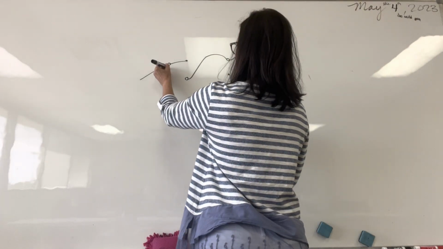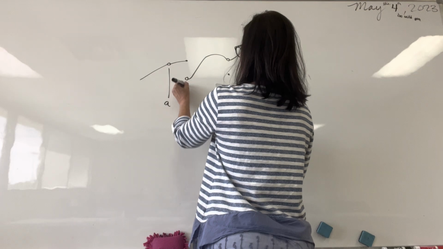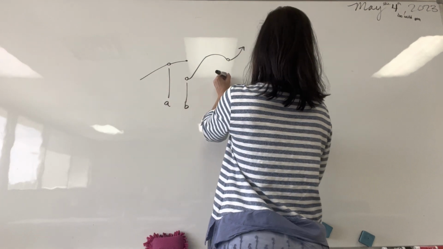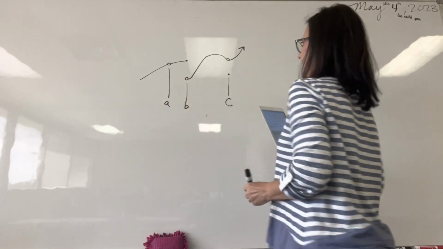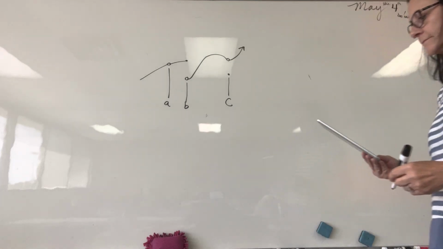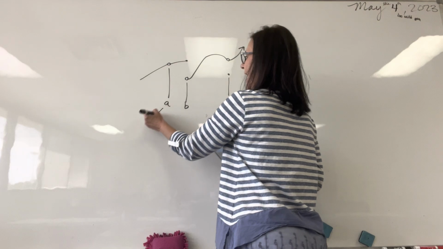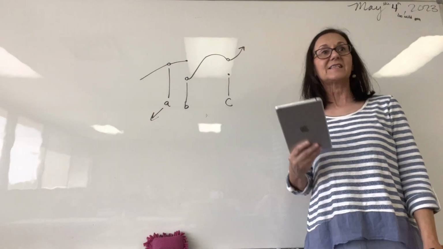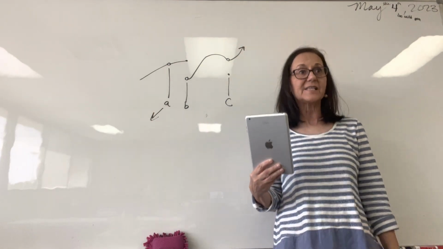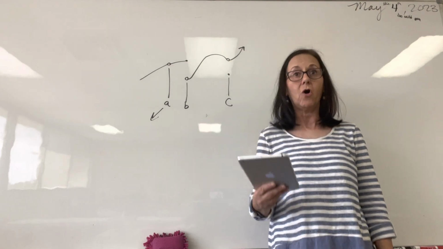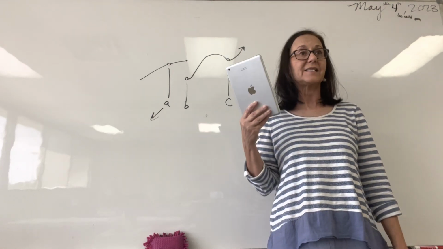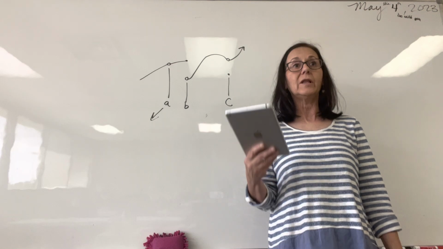All right, that's A, that's B, and that's C. We know at A, that's a zero of the denominator, and it's a zero of the numerator too, because that's a hole in the graph.